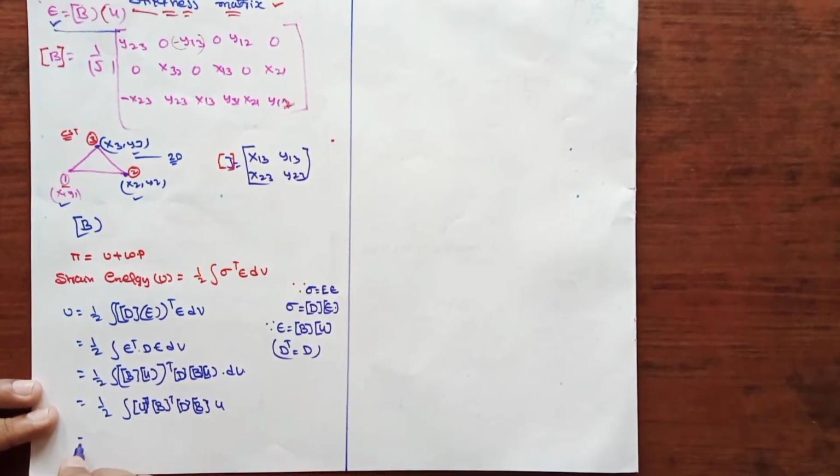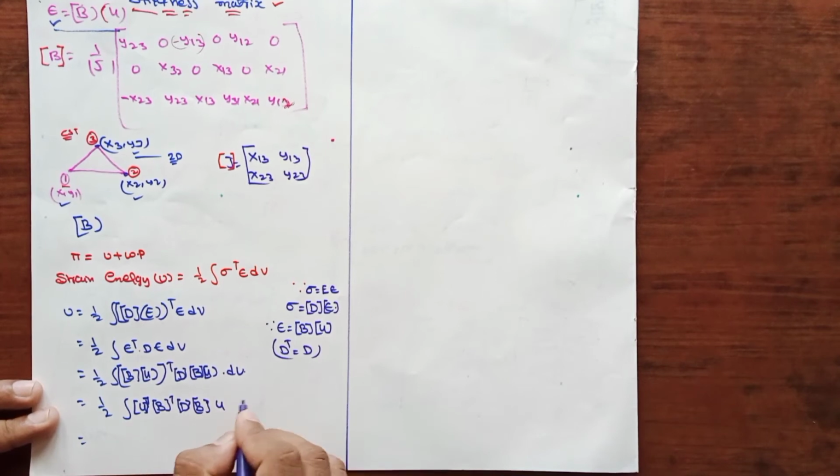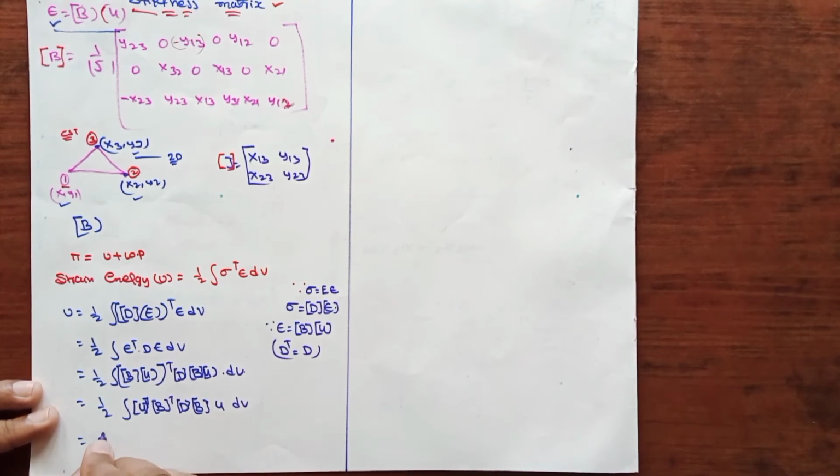Here U is the nodal displacement, which is constant, B is a constant matrix, and D is also a constant matrix. Therefore it is possible to write U transpose into B transpose into D into B, integral of dV, into U.